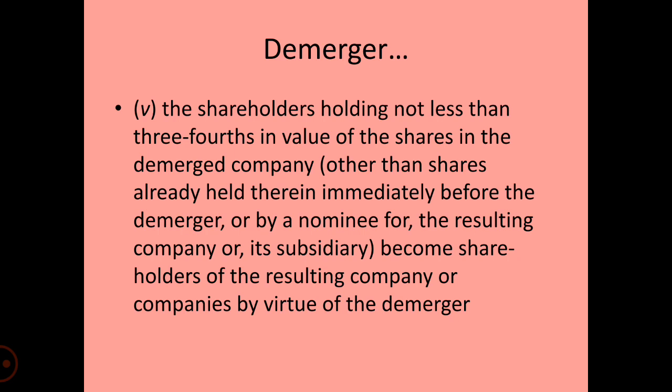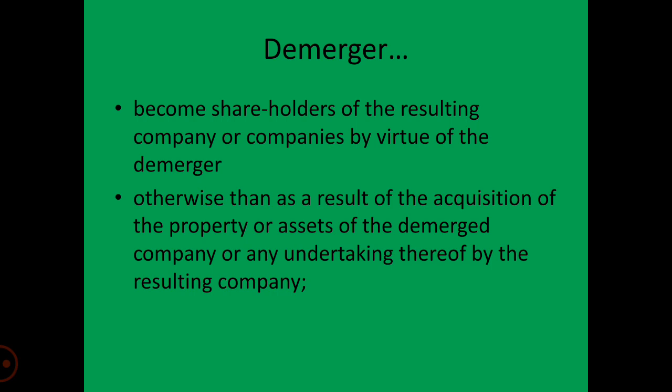The shareholders who are holding not less than three-fourths in the value of shares of the demerged company shall become shareholders of the resulting company or companies by virtue of demerger only, otherwise than as a result of the acquisition of the property or the assets of the demerged company or of an undertaking of it by the resulting company.